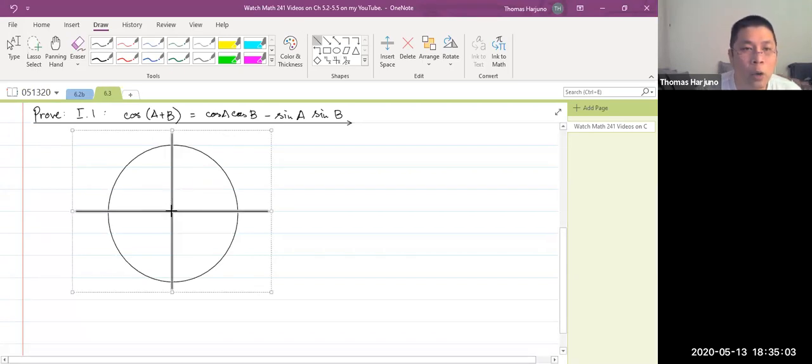One angle in quadrant 1. Call this angle A. And because this is a unit circle, this will be cosine A, sine A, right? That's the coordinate.